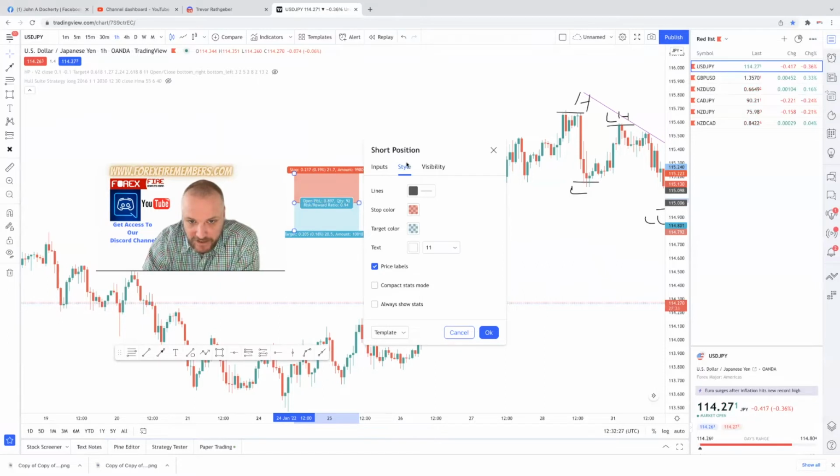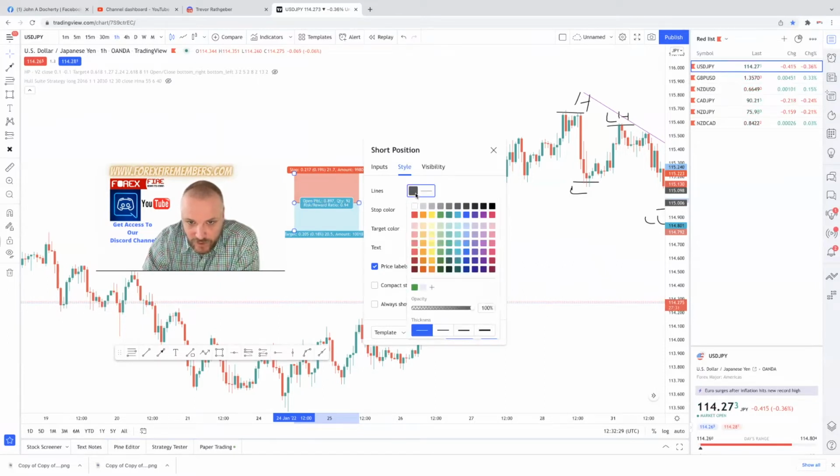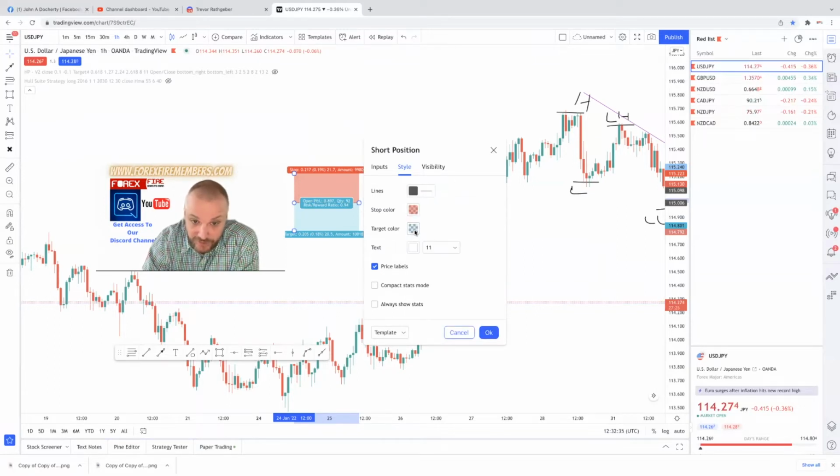Right, so this is on a short, okay? Now, on the style, again, you've got lines. I would just keep it as is, the thickness as it is, the symbol, the stop color, and the target color. So when you're in the red, it just means it's drawdown. You come into the brighter color, you're going to be in profit, okay? Ignore the stuff that you're seeing on here at the moment. From here, we've got price labels ticked on, okay? So the price labels, I will just leave it as is.